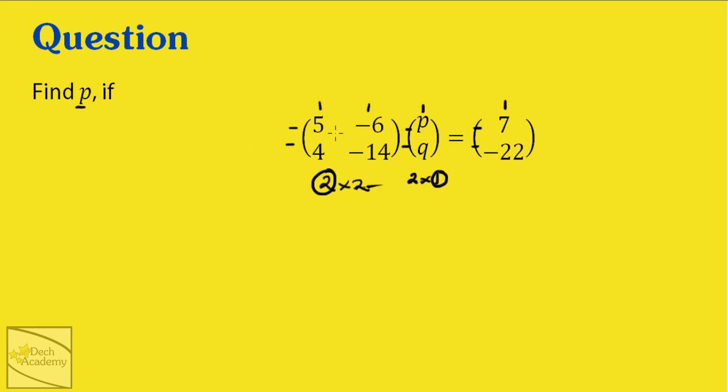Anyway, so let's carry out the multiplication on the left hand side. So row 1, so this is going to be the result of the multiplication on the left hand side.